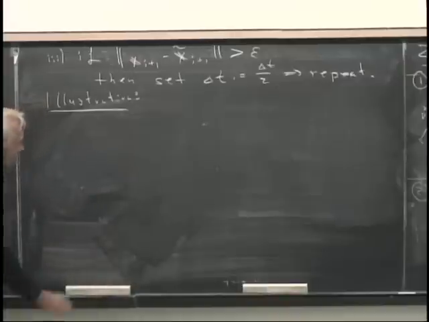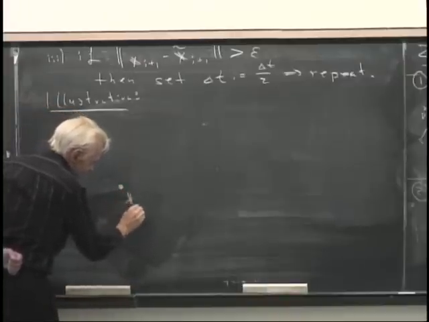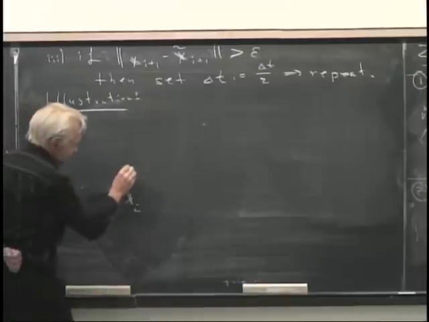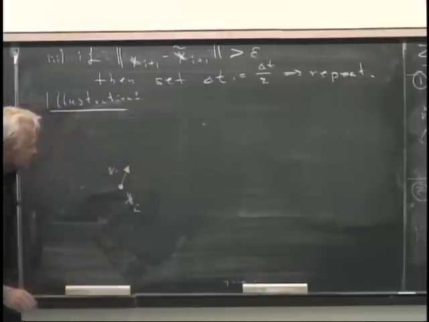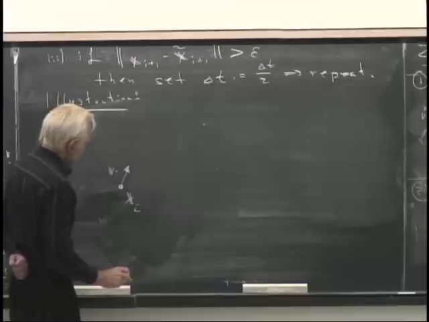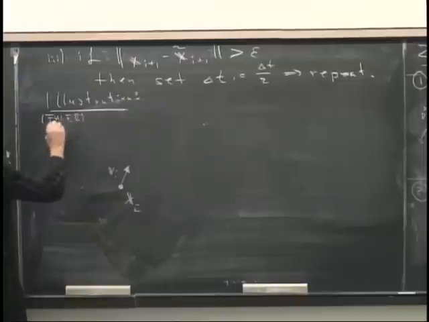The illustration is, okay, I have my xi, and I want the next xi plus 1. I have a vector here, vi, and I compute my next point based on just Euler, the most trivial scheme there is.